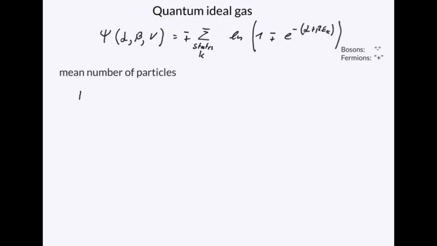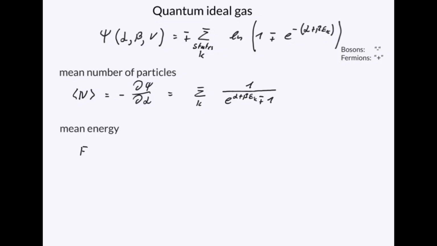From the potential, we now calculate the mean number of particles, mean n, given by minus del Phi by del alpha, is equal to the sum on all k, 1 divided by e to the power alpha plus beta epsilon_k, minus or plus 1. And likewise, the mean energy, given by minus del Phi by del beta, is equal to the sum on all k, epsilon_k divided by e to the power alpha plus beta epsilon_k, minus or plus 1.